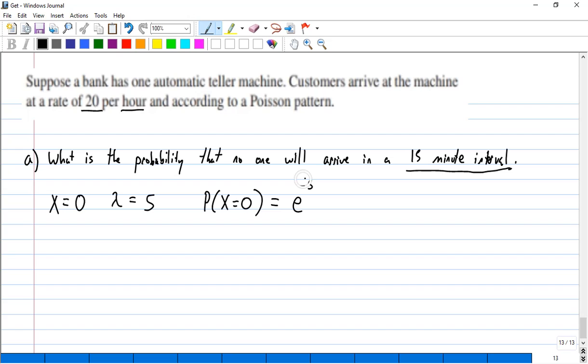So it's e to the negative lambda, which is 5, times lambda to what power? The 0, because we let x equal 0. And that's divided by 0 factorial. Remember, 0 factorial in mathematics is defined as 1. So that's okay. It's not dividing by 0. So 5 to the 0 power is what? 1. So all we have to do is type in e to the negative 5, and that will give us our probability.